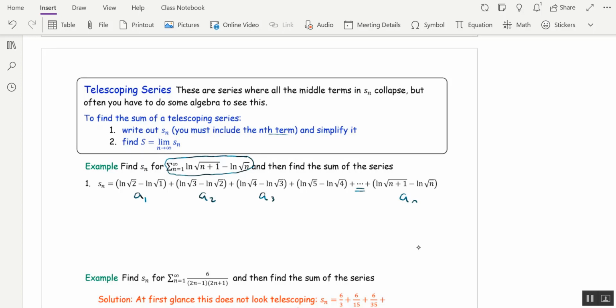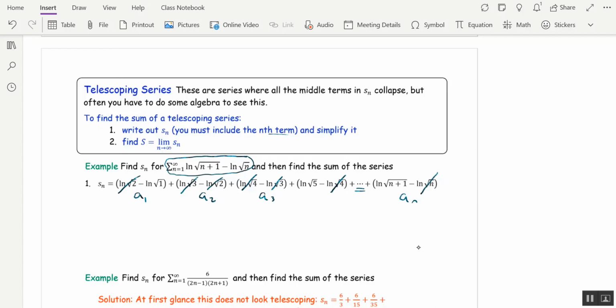So in this case, I've got a -ln√2 and a positive ln√2. And then this guy cancels with 2 guys up. This guy cancels with 2 guys up. You can see that every term is canceling with 2 in front of it. So this is going to cancel with the term that came before.